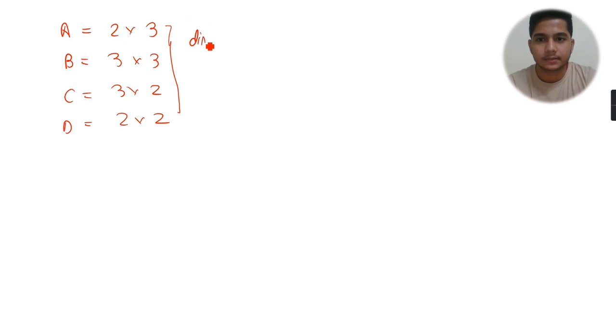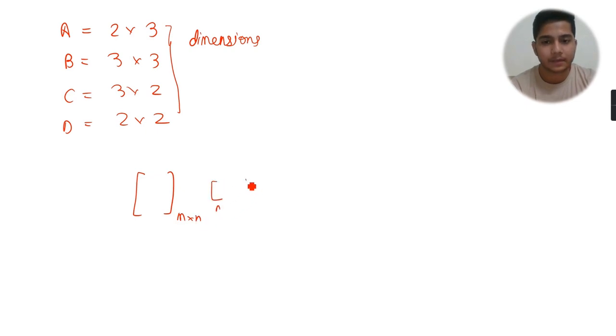These are the dimensions. So in the case of matrices, suppose I'm having a matrix of size m cross n, and another of n cross z. I can only multiply these two matrices if this n is the same. This is the basic rule of matrix multiplication.